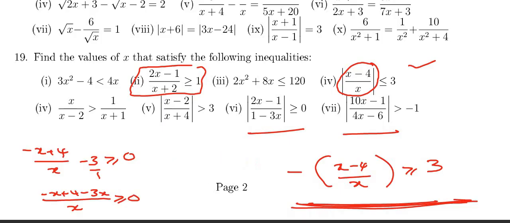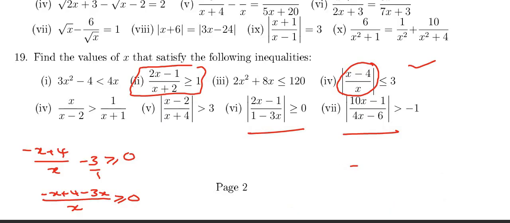Then from here, you simply solve the top part. This is going to be negative 4x plus 4, then down there's an x, greater than or equal to 0. Of course, you cannot take the denominator because it's not part of the domain, so the only part we solve is the top part. So x is equal to 1.